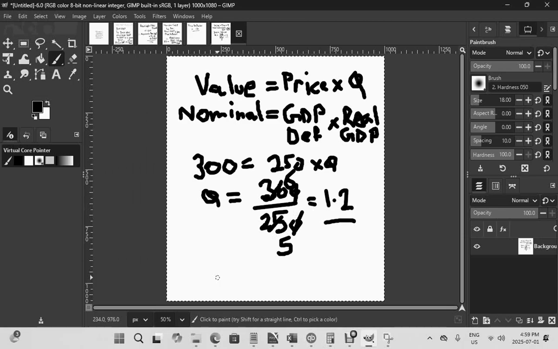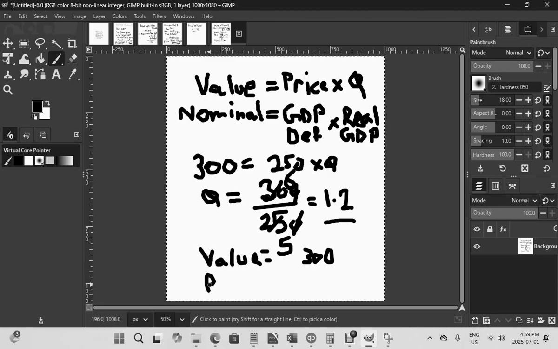Now if you were to figure out the price of this particular product, given the value and the quantity, so let's say your value is 300. So you want to figure out the price.